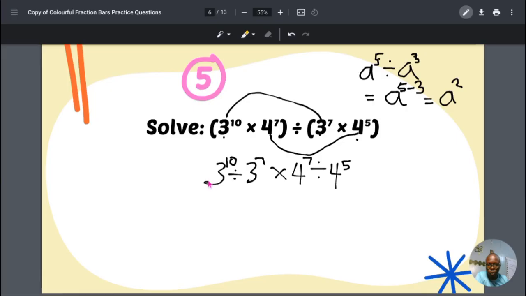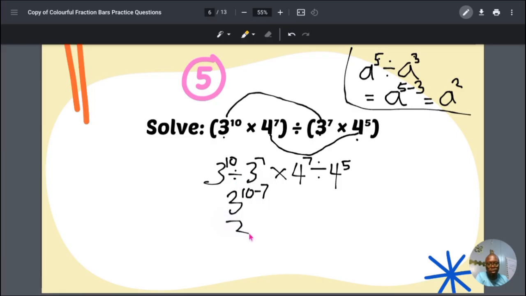According to what I did here, you pick one of the bases, 3, and then 10 minus 7. Remember, it's a division in between them, so it's a minus.